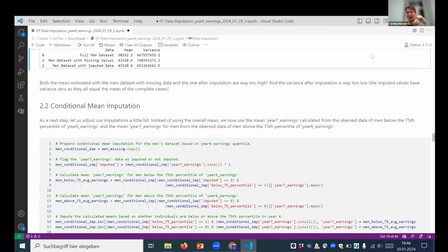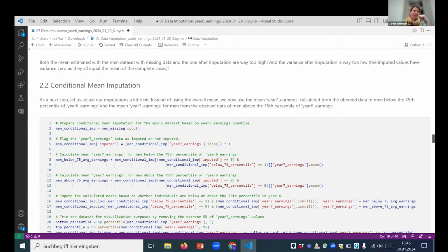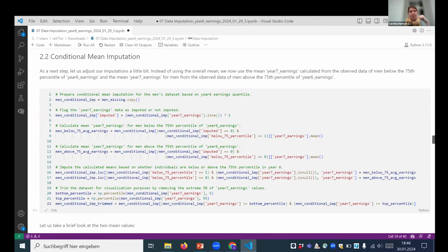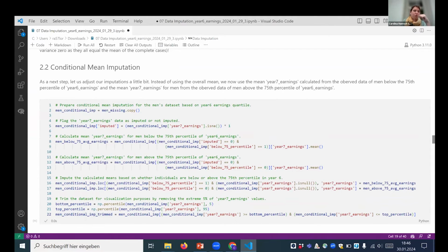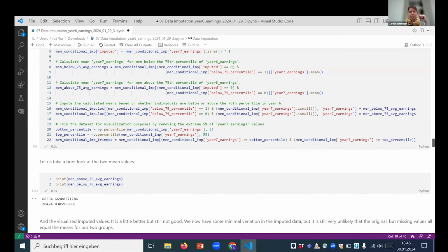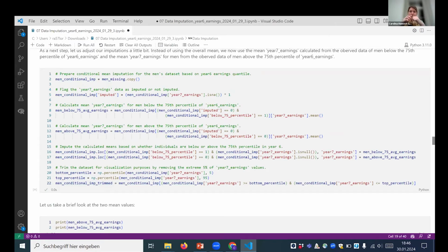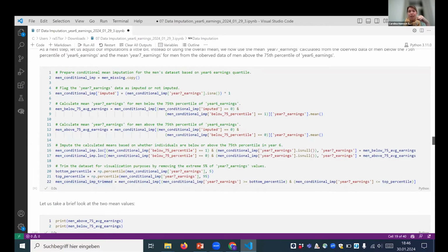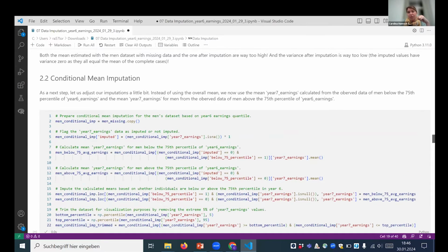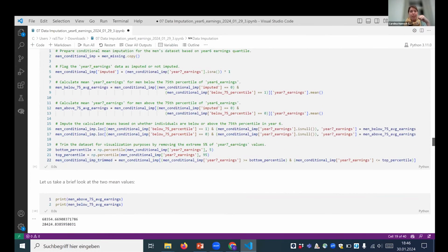So not really a surprise, but still a little devastating to see these results. But we have some other tricks in our toolbox, and the next thing we can do is try, for example, conditional mean imputation or something like a regression imputation. So we might want to use some other information, like the year 6 earnings, to impute our missing values in year 7 earnings.